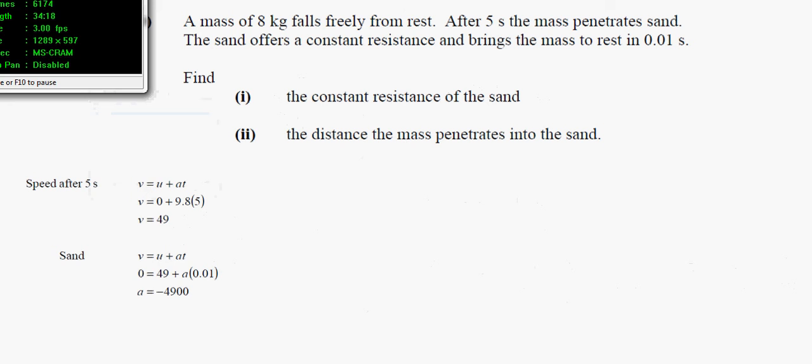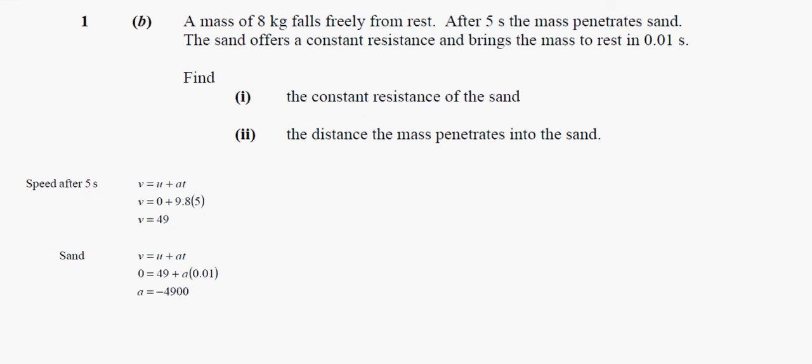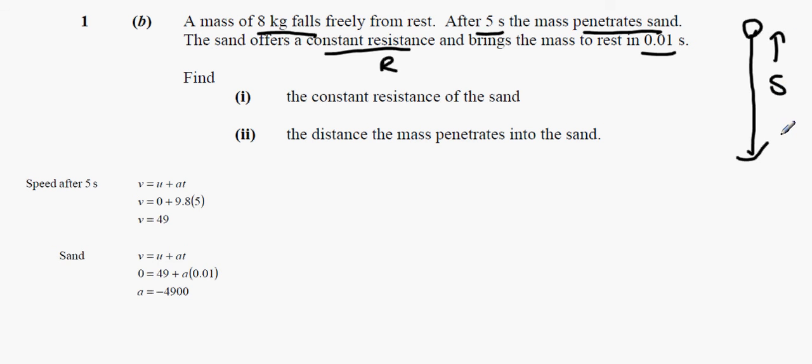Now, for the next question: a mass of 8 kg falls freely from rest. After 5 seconds the mass penetrates sand, and the sand offers a constant resistance R and brings the mass to rest in 0.01 of a second. If you imagine the mass falling down, it takes 5 seconds to go from top to bottom.